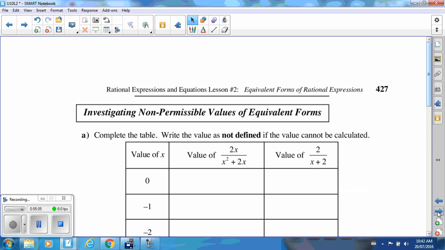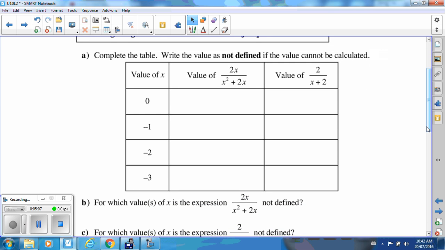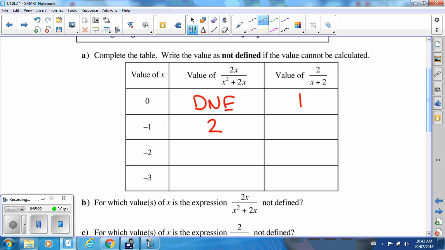So, non-permissible values, though. If we try this one, 0 can't be in the denominator. If we put in 0 here, this is just 1. If we put in -1, that's fine. What's that going to be? We're going to get -2 over -1, which is +2. We get 2 here.